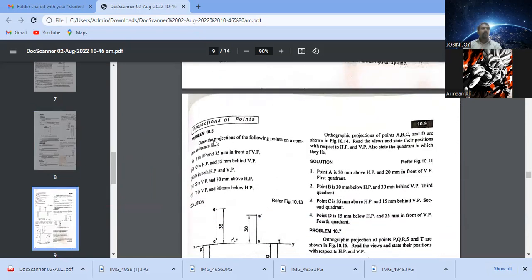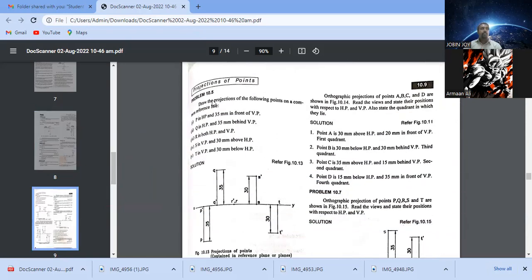Write the question number 10.5. Draw the projections of the following points on a common reference line.